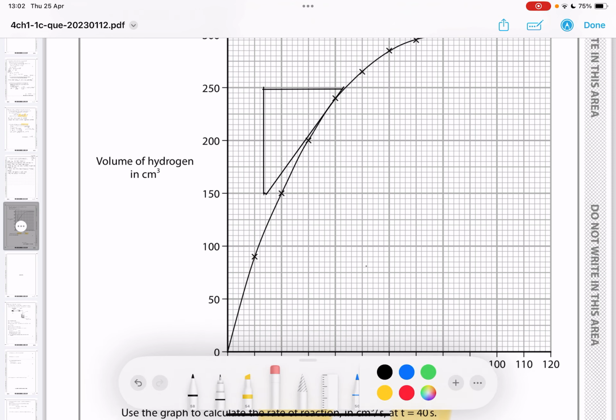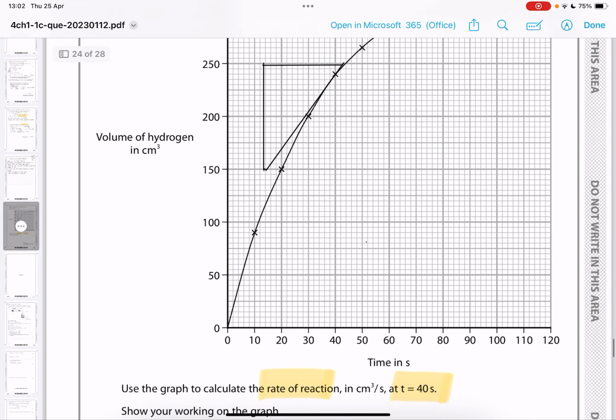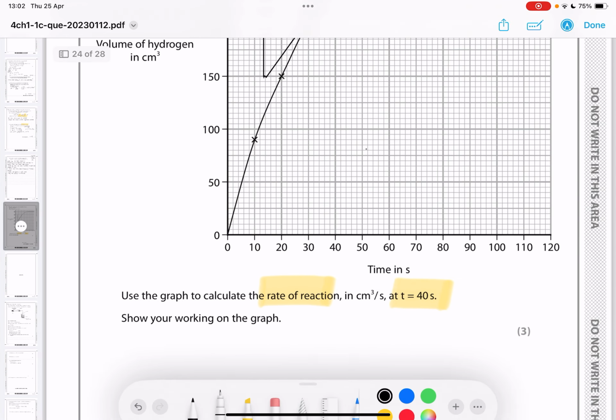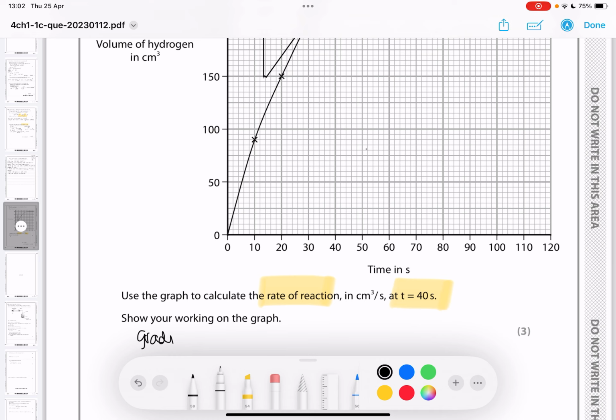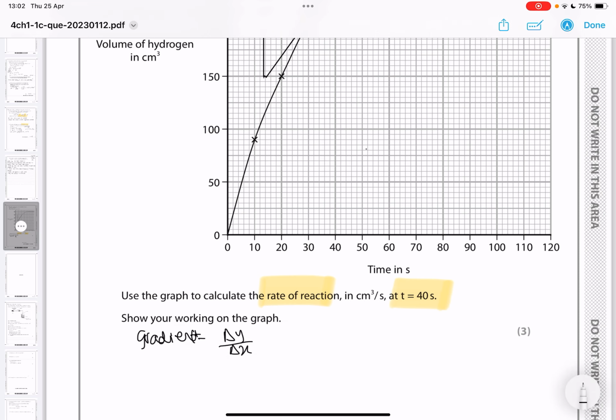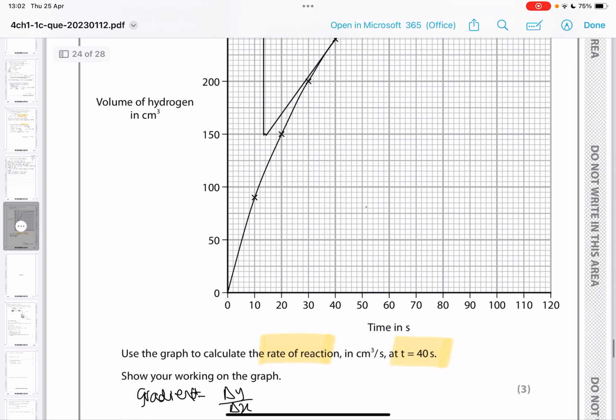that tangent. So gradient is going to be change in y over change in x. So obviously it's going to be hard to get a very accurate result, but they give you quite a wide range of values that your gradient can fall in.